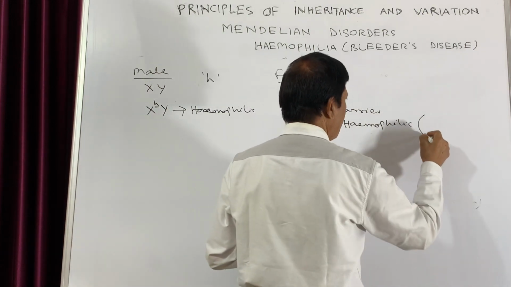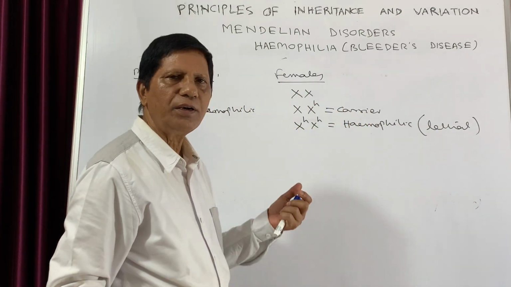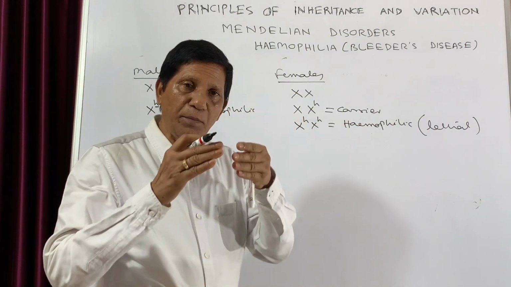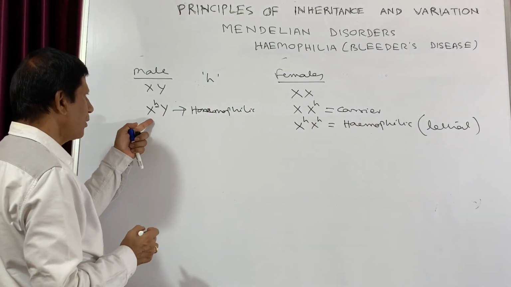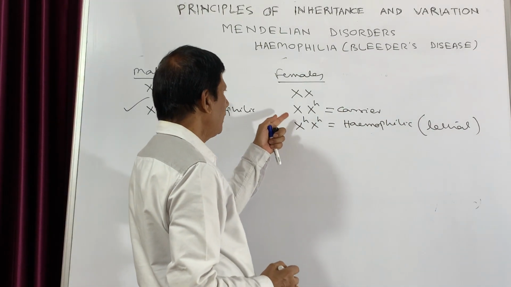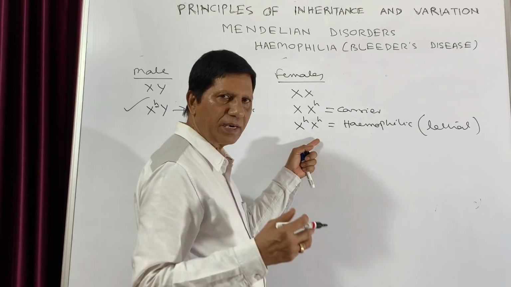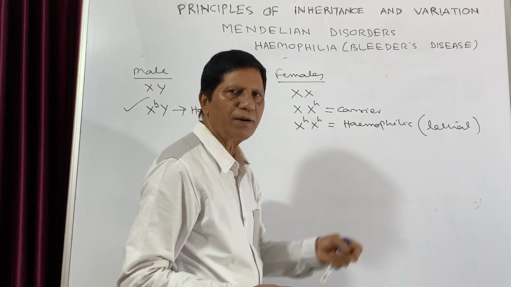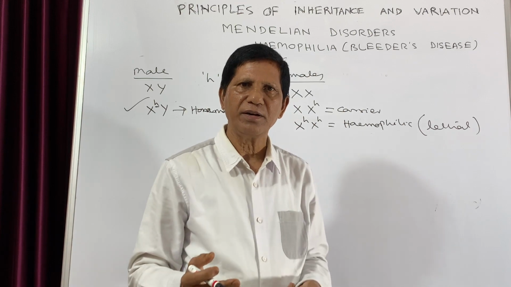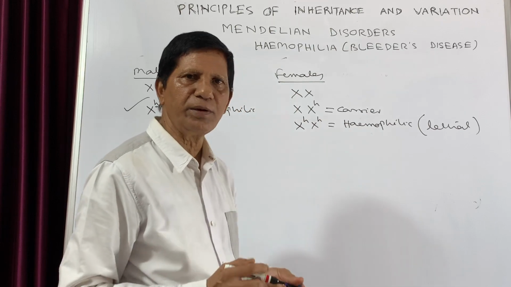But in this case it is completely lethal, and that person will die. So in males, since it is present in the X chromosome, it is usually expressed. In females, if it is present in one X chromosome it is not expressed. Only if it is double, which is again rare, is it hemophilic and lethal. That is why in males the hemophilic condition is more common, while the females act as carriers. This is the method of inheritance.